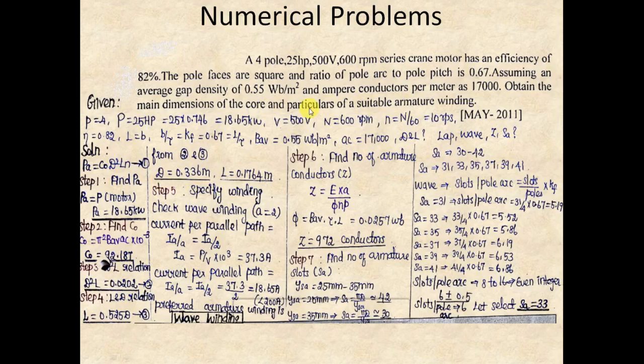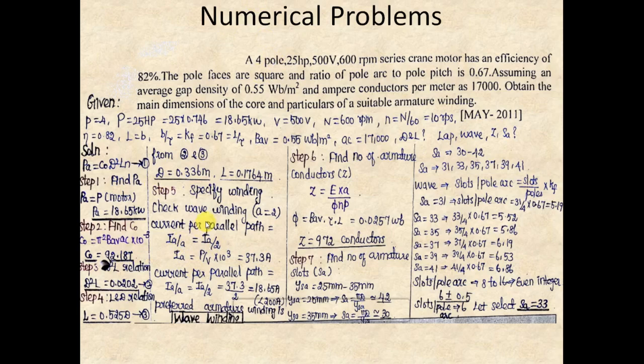Next, you are asked to find the particulars of a suitable armature winding. So first we have to specify the winding. We will first check whether it's wave winding or lap winding. For that, first we will consider wave winding. In the case of wave winding, the number of parallel paths is 2, whereas in the case of lap winding, the number of parallel paths is the same as the number of poles, that is 4 in this case.